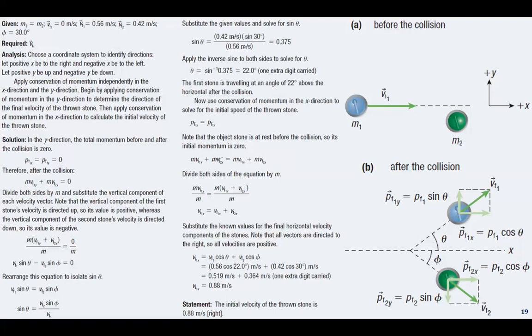Then we have the following relationship here: sine theta equals Vf2 sine phi over Vf1. Then substitute the given values and solve for sine theta. We have sine theta equals 0.375. Then apply the inverse sine to both sides to solve for theta, and we get theta is approximately 22 degrees here.